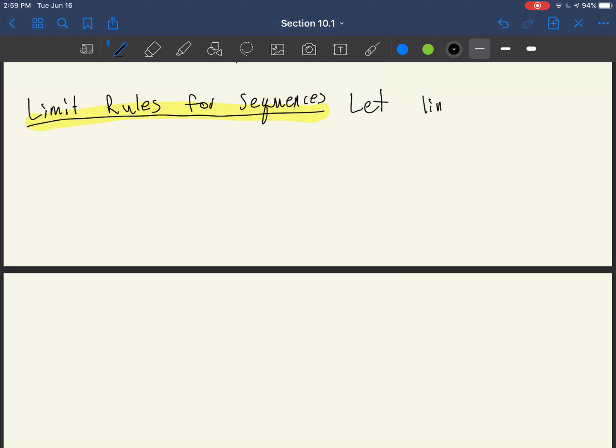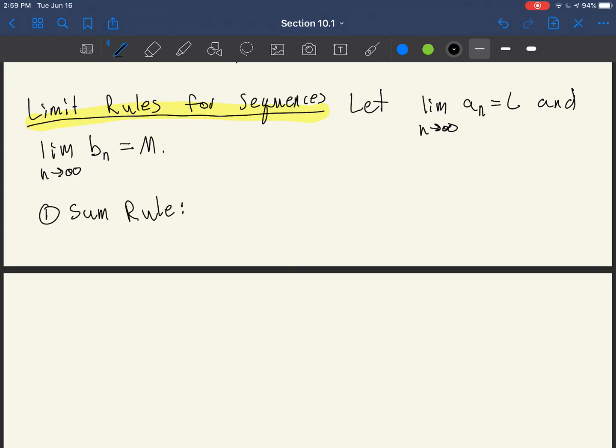So let the limit as n goes to infinity of a_n equal L, and let the limit as n goes to infinity of b_n, another sequence, equal M. Then we have the sum rule. That is the limit of the sum equals the sum of the limits. So that would equal L plus M.